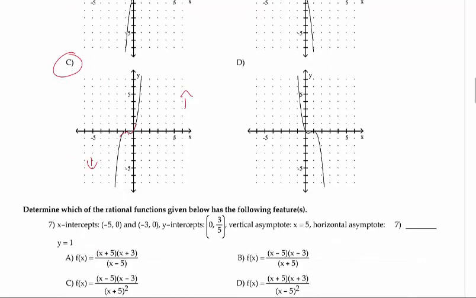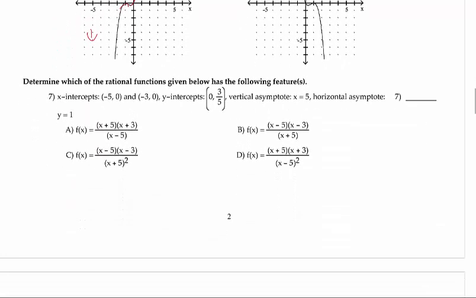All right, let's see what the next one is. So we're going to begin constructing our equation as closely as we can and see how close we can get to one of these and then keep going. So we've got some x-intercepts here and here. And so we're going to put those up top because that's where intercepts belong.